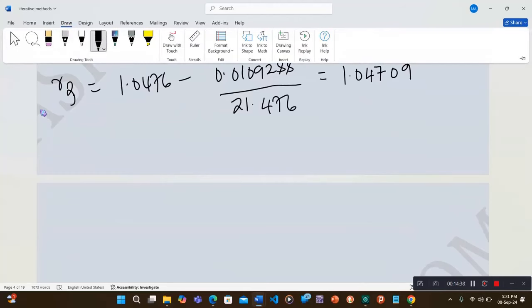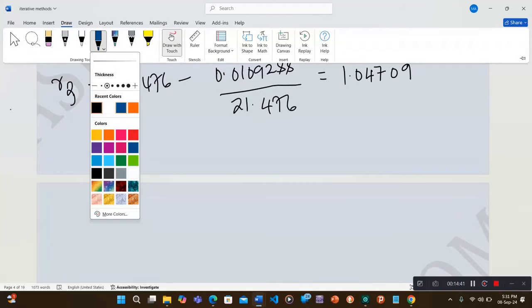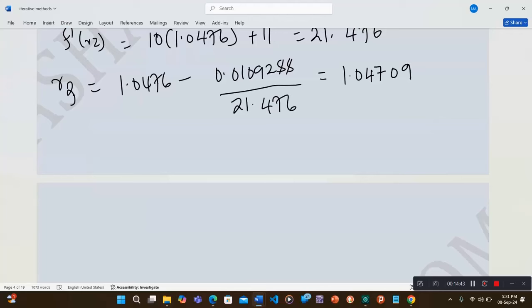That means we are going to find the value of R4. So R4 is equal to R3 divided by f prime of R3. The R3 we have. So what is f of R3?